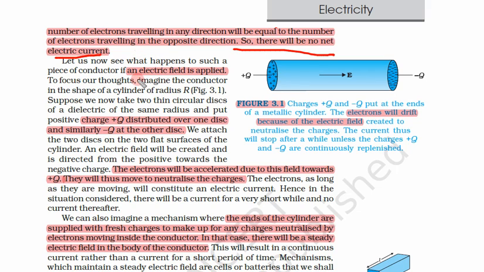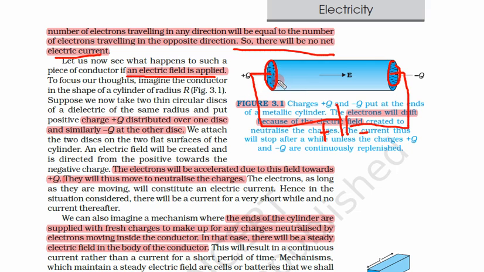Now let's see what happens when there is an electric field. So what we do to apply an electric field, let us take a disc, and this disc is connected to the positive terminal of the battery, and another metallic disc which is connected to the negative terminal of the battery.